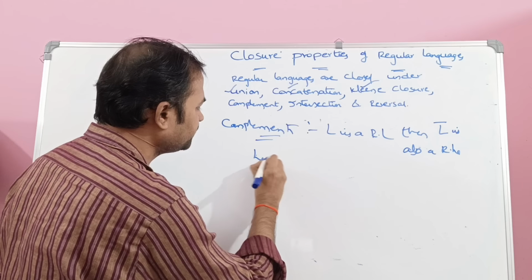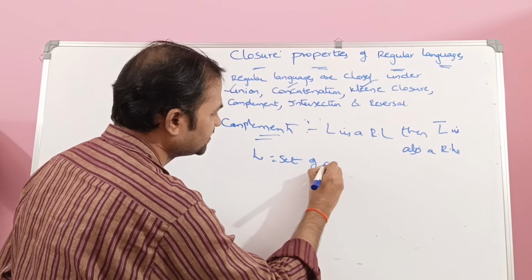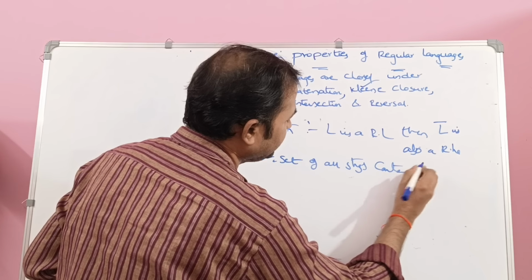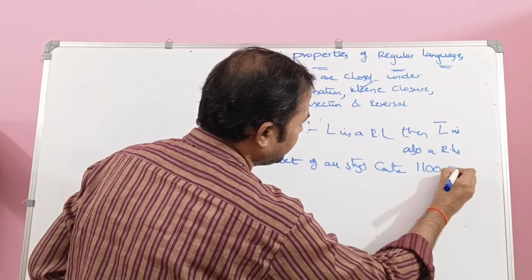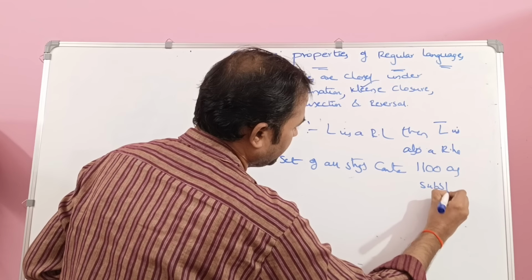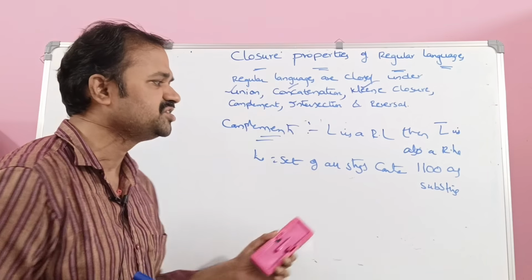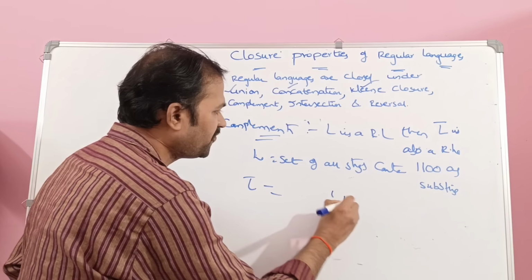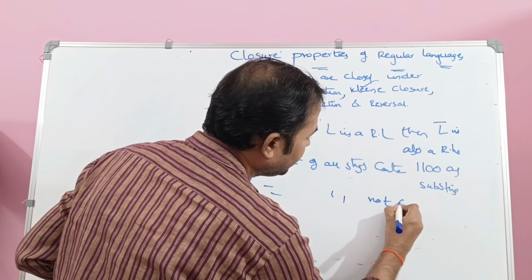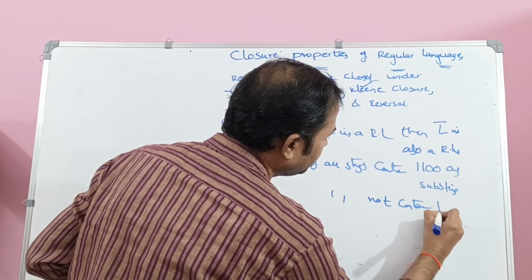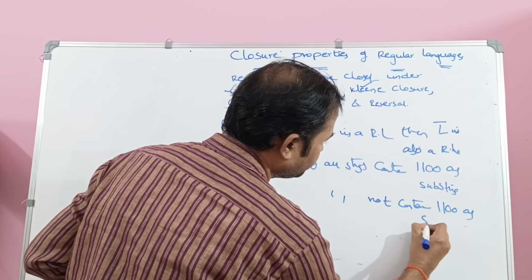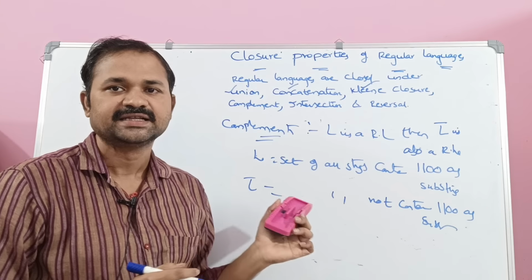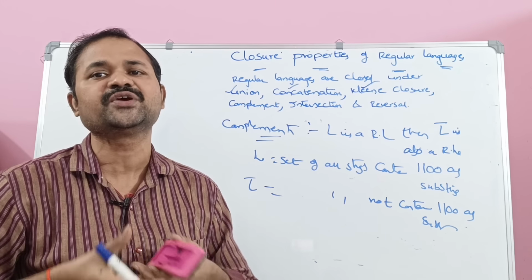Let L be equal to the set of all strings containing 1100 as a substring. Then L complement will become the set of all strings not containing 1100 as a substring. So this L bar, L complement, is also a regular language.